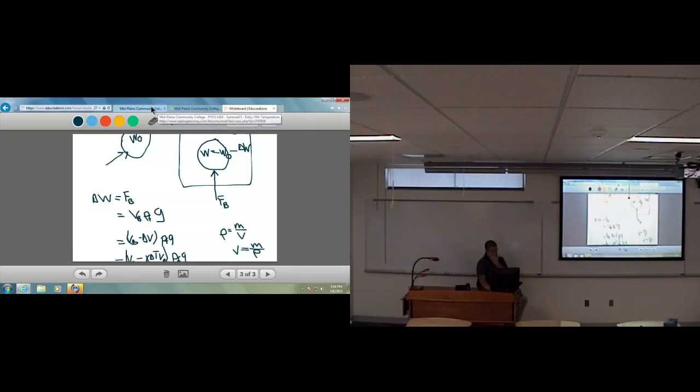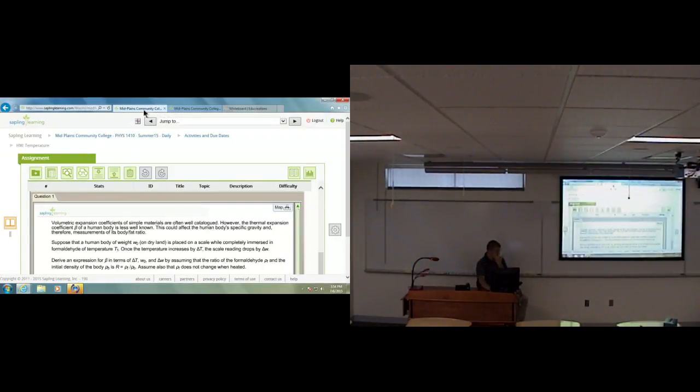Let's go back and look at the problem real quick and make sure we're barking up the right tree. Here, we have volumetric expansion, suppose human body. We have the original weight on dry land, on a scale, completely immersed in formaldehyde. Temperature increases, let's see here.